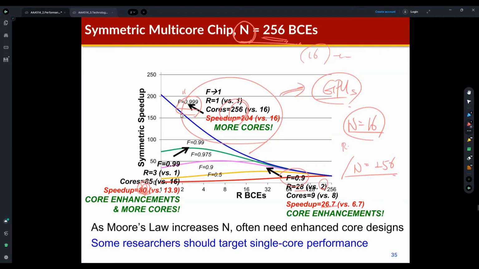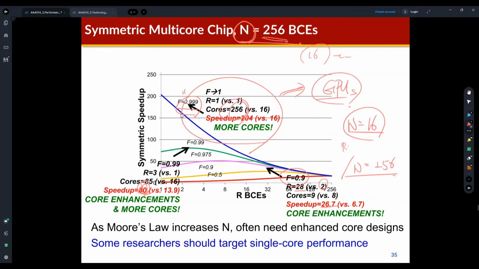So in this case, with Amdahl's law and Moore's law, now we can include more transistors. The GPU chip is one of the largest chips in the world, which means one GPU chip includes many transistors.